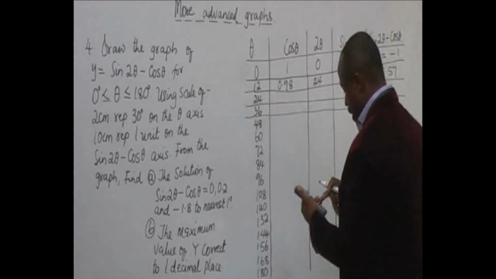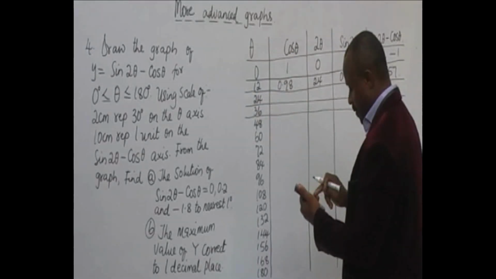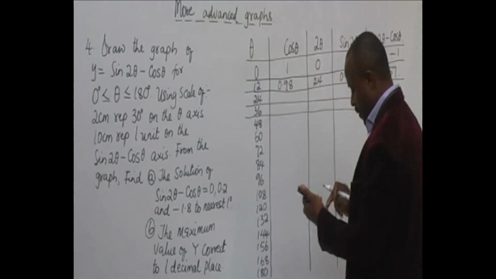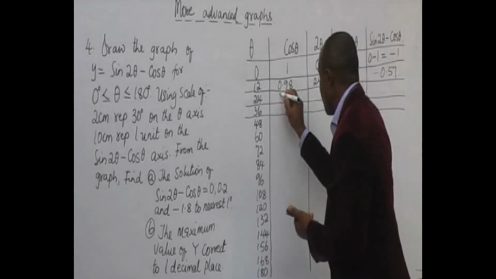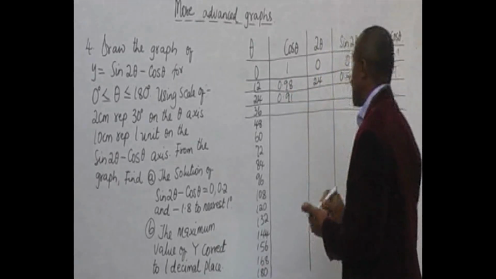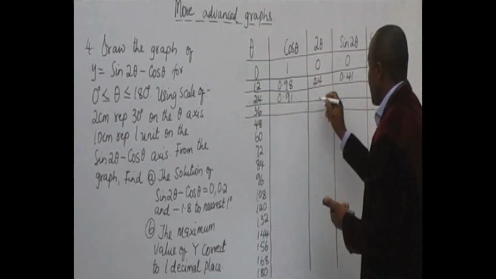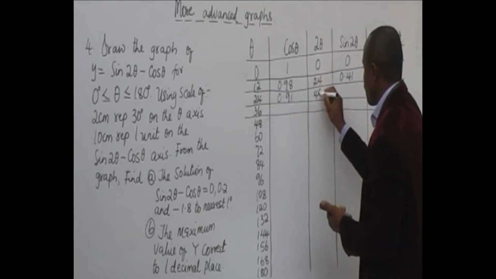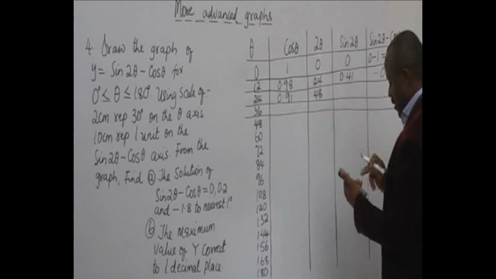The third column now, cosine 24. Let's find this value, cosine 24. 0.91 in 2 decimal places. 2 theta means 2 times 24, and it will give us 48. Sine 2 theta means the sine of 48.